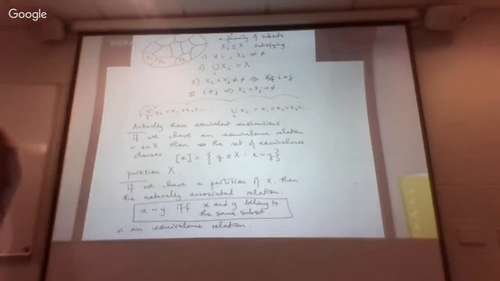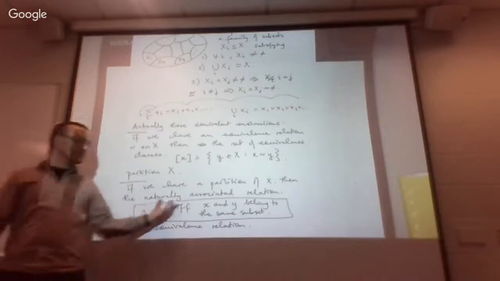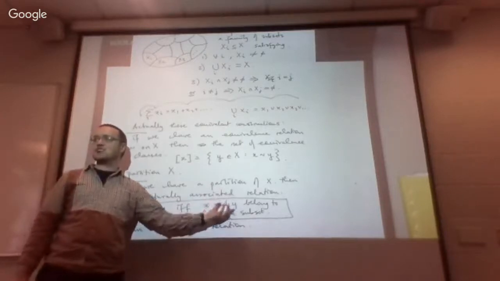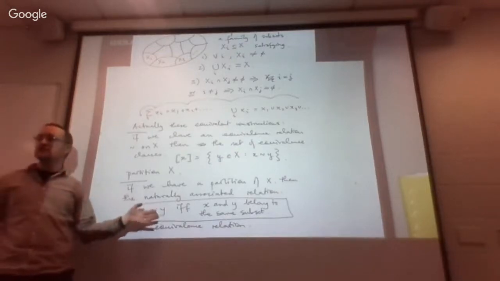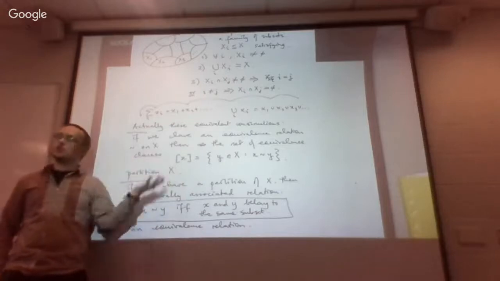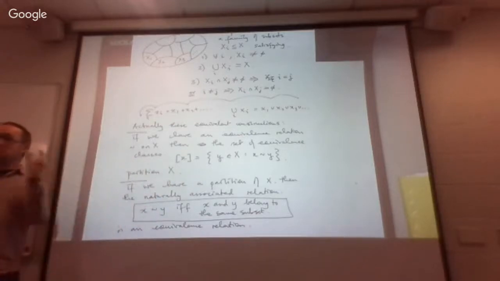If you've gone to the trouble of taking a large set and splitting it up into small compartments, why did you bother to gather all those elements together in one compartment unless there's some kind of equivalence, some property shared by all the things you put in one compartment? So this is the most natural relation you might associate to a partition. Two of the elements are related if they turn up in the same subset of the set.